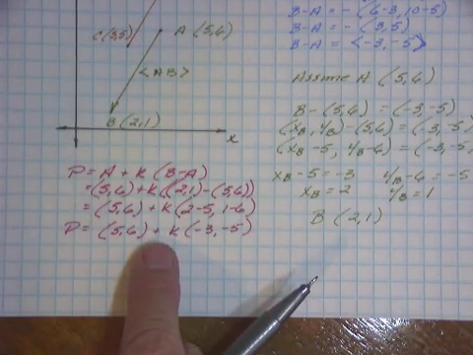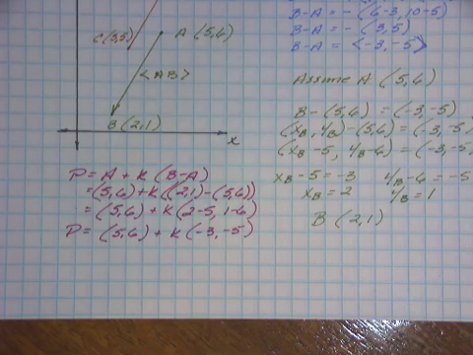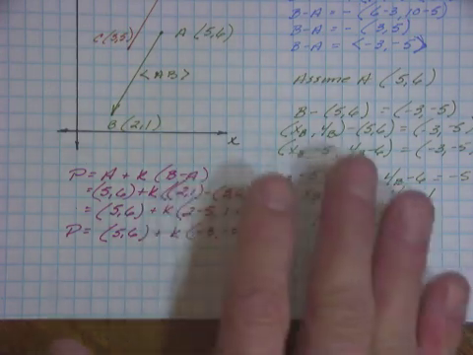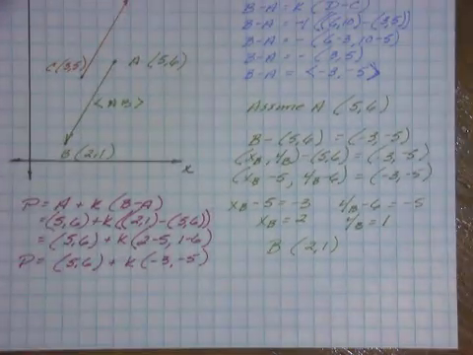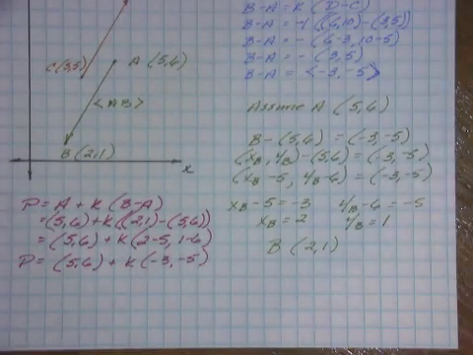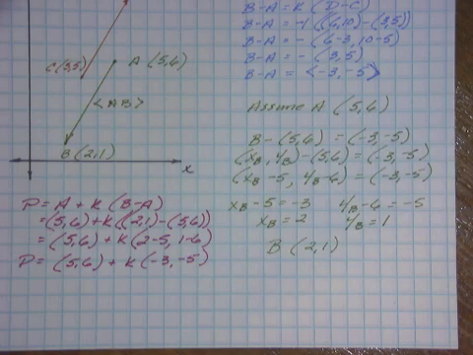And that's equal to 5, 6 plus K times -3, -5. So there you go. That's the equation of the line in vector form for AB. And that was just a little extra for you.